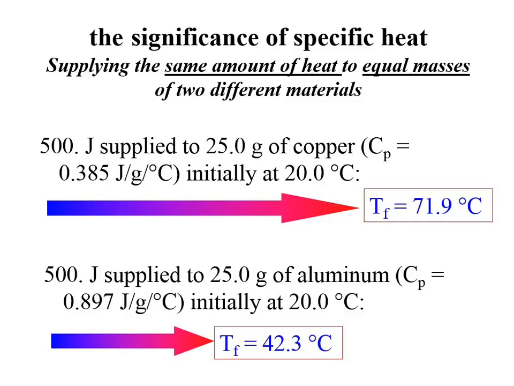The one with the lower specific heat, I think of it as kind of responding to the energy that you added to it, heats up more to a higher final temperature. I'm not talking about speed here, just a higher final temperature.